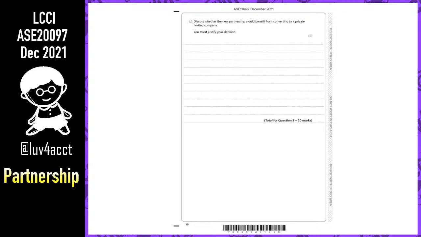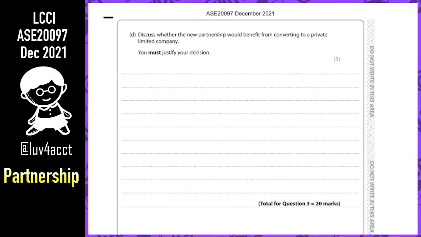So next part is about converting to a private limited company. Of course, you are given the command word discuss. But for me, I would almost always use both sides.